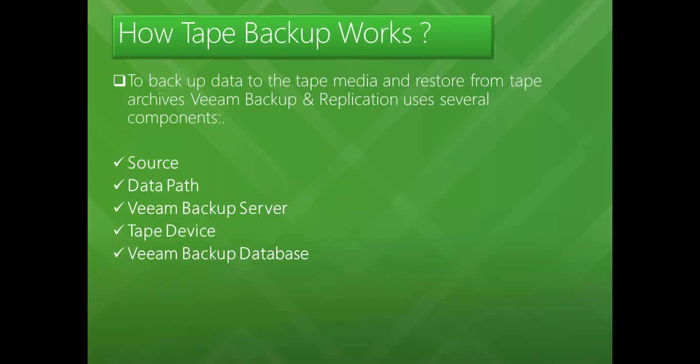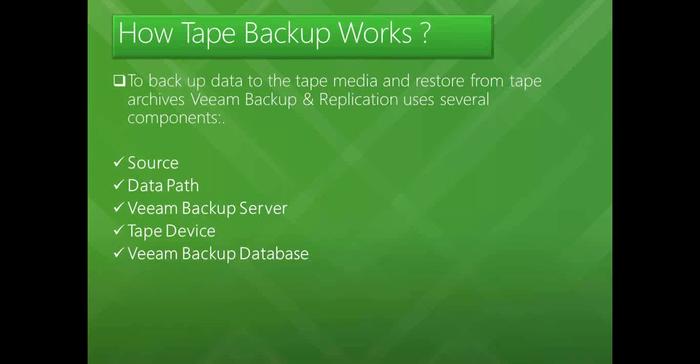Coming to the data path. During the archiving or restore process, data is transferred between 2 Veeam transport services. The source side transport service communicates with a proxy on the source, like the repository or the server hosting my files, and reads and writes the data from that source.